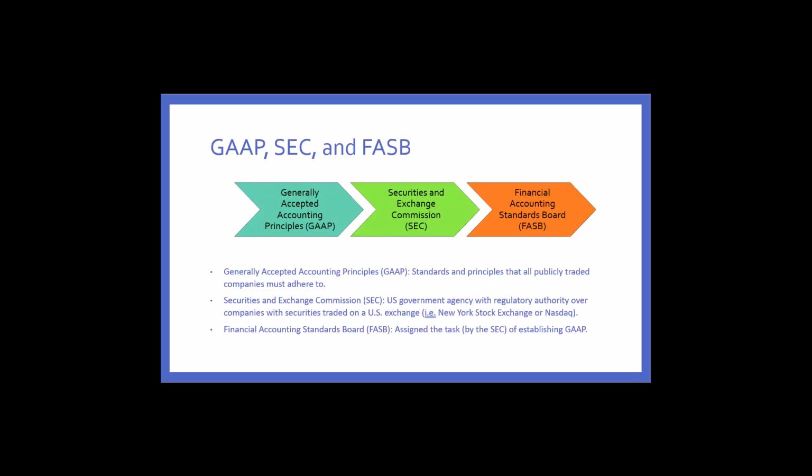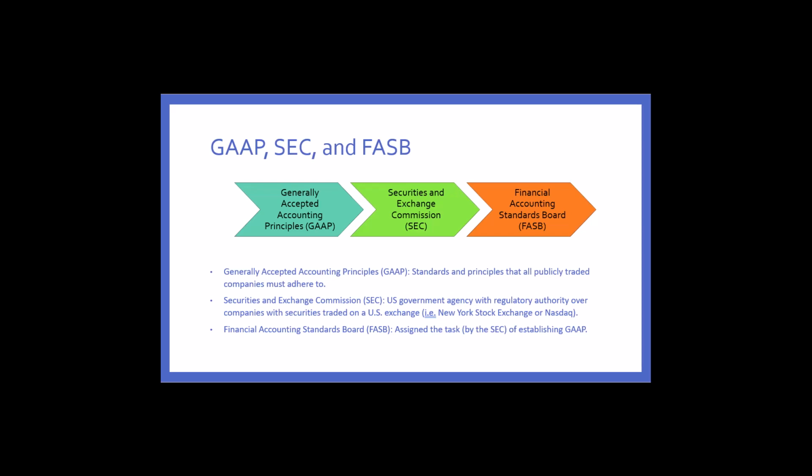Okay. Now, let's talk about some important acronyms that you're going to hear in financial accounting. First and foremost is generally accepted accounting principles. And this is key. Throughout financial accounting, we will focus on generally accepted accounting principles. In fact, every facet of accounting that we study in financial accounting is going to center on generally accepted accounting principles.